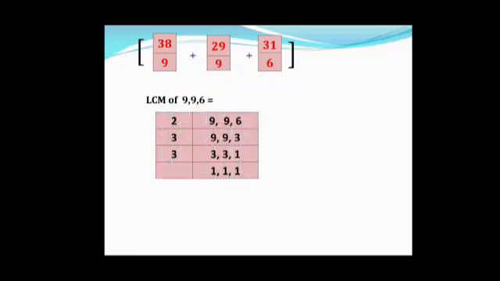The LCM of 9, 9 and 6 is equal to 2 into 3 into 3, which is 18. Now we will make the denominators the same. For that we will divide the LCM by the denominator.